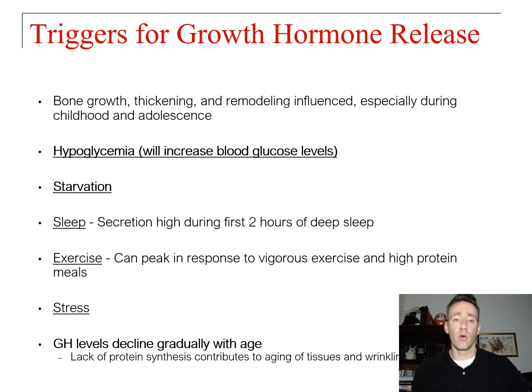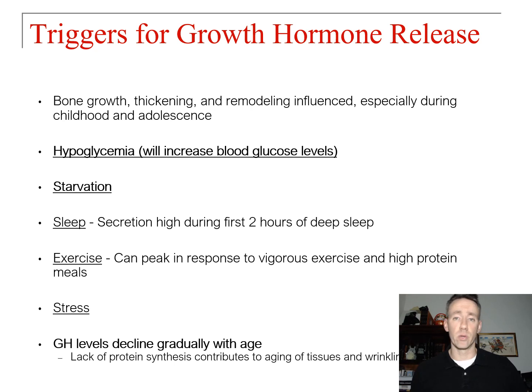So to trigger growth hormone release, ultimately to grow the bone, to thicken it, remodeling it, primarily occurs during childhood and adolescence. And as an adult, one of the primary triggers is going to be hypoglycemia. So low blood sugar levels will increase growth hormone levels. And the opposite is true.